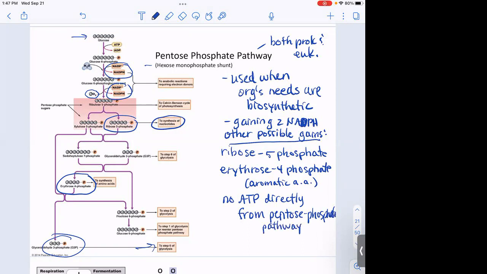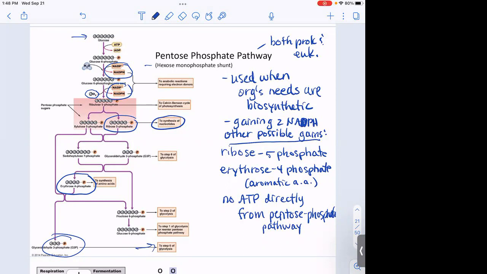Again, it could shuttle some of the leftover bits into glycolysis and end up getting maybe an ATP or 2 out of it, but not directly from this pathway. We're looking for precursors to nucleic acids like the ribose 5-phosphate or the erythrose 4-phosphate in making amino acids.